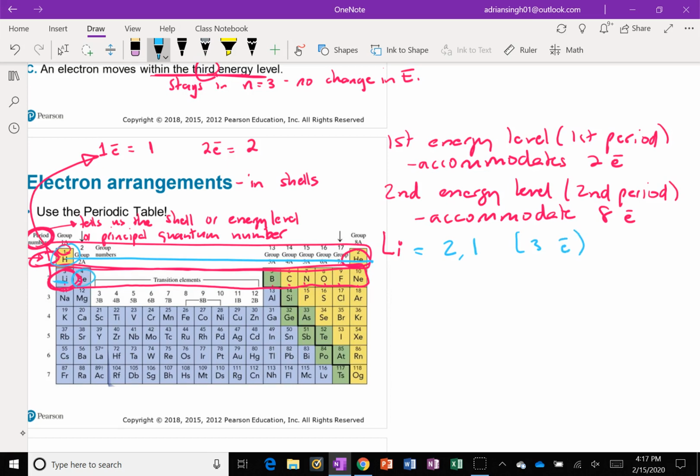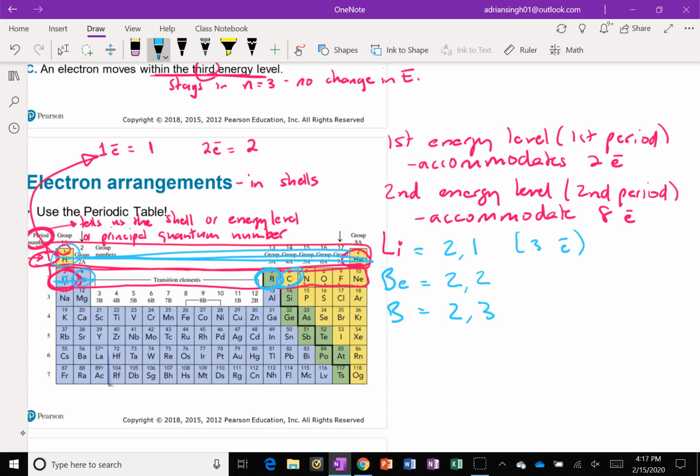Beryllium is right next to it, and beryllium has 4 electrons. So we start at the top, we go across 2, and then for beryllium, we end with 2 more, and that's 4 electrons. Boron is over here. We start at the top, we go 2, and then we go 1, 2, 3 to get to boron, and that's a total of 5 electrons.